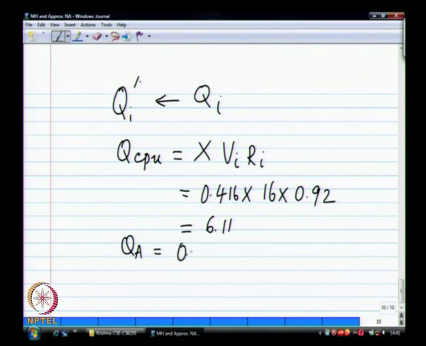And QA is likewise 0.416 into 10 into, we computed this to be 2.2. So this was 9.17.